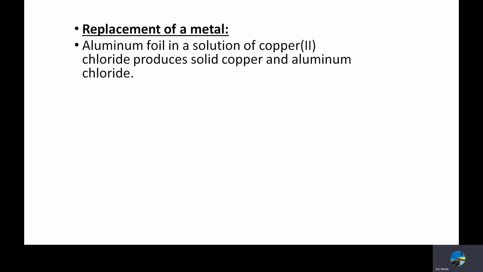It's got one example of a metal replacement. So you can take aluminum foil and you can add it to copper 2 chloride. You have seen copper 2 chloride in the lab. It's a very bright bluish green solution. We used it as a decomposition reaction. In this case, we are doing a single replacement. So the aluminum foil reacts with copper 2 chloride.